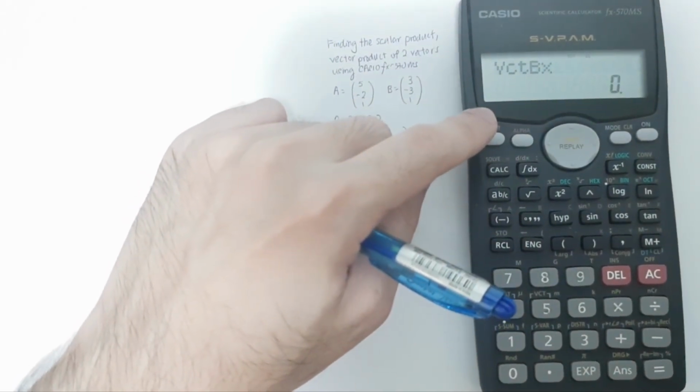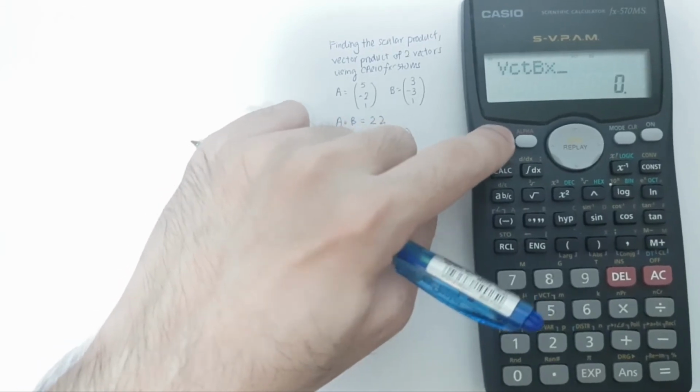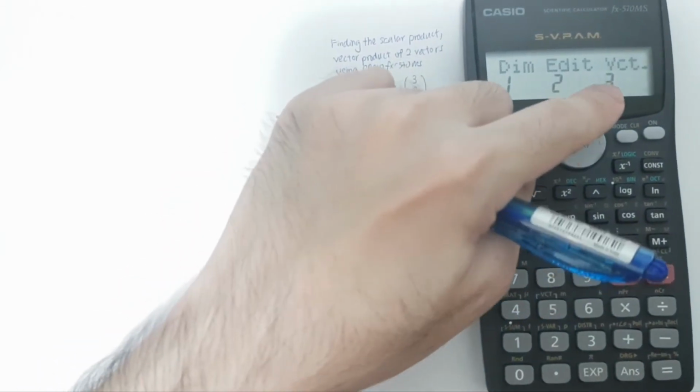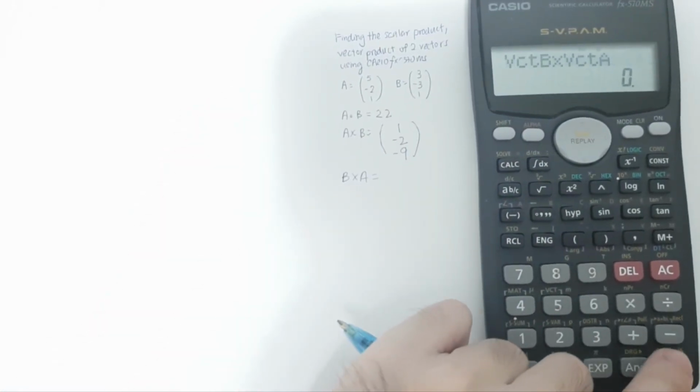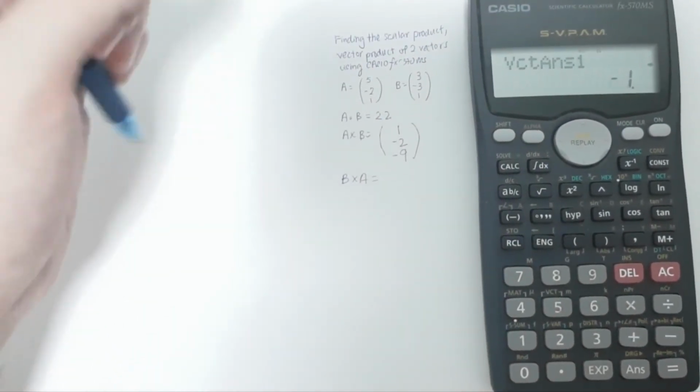Last but not least, to include vector A, we press Shift, press 5, press 3, and press 1 to include vector A, and we press equals.